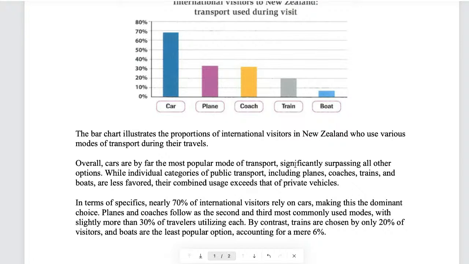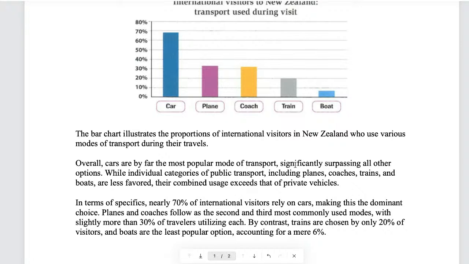Significantly what? Now you write that. You write the next few words and you understand what I'm telling you. Okay. Significantly, surpassing all other options. Surpassing. You don't know surpass? Surpass. You don't know? Okay, now.